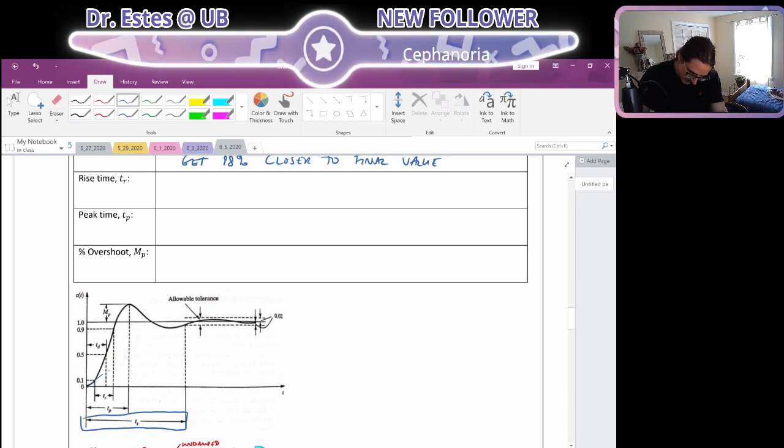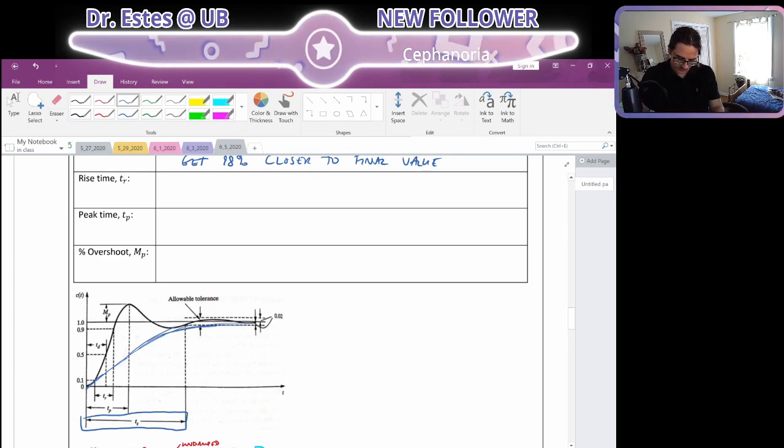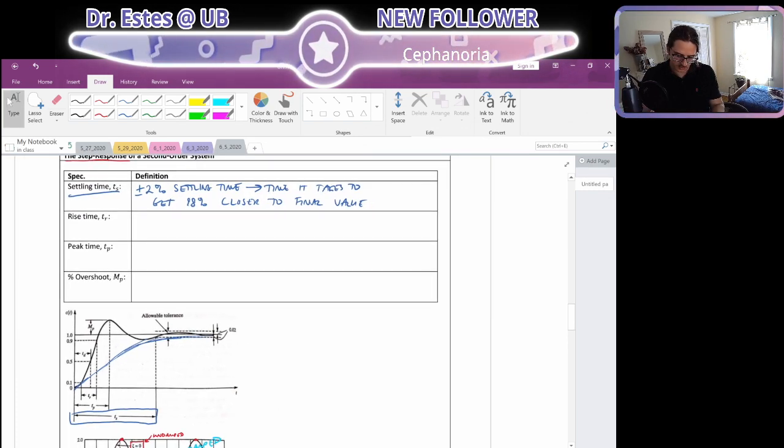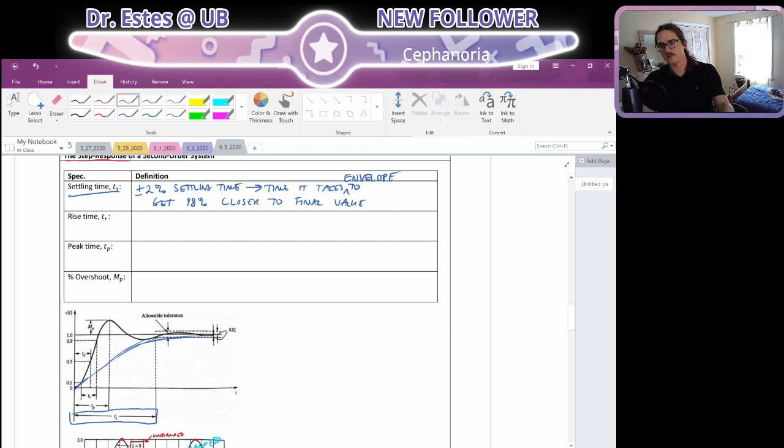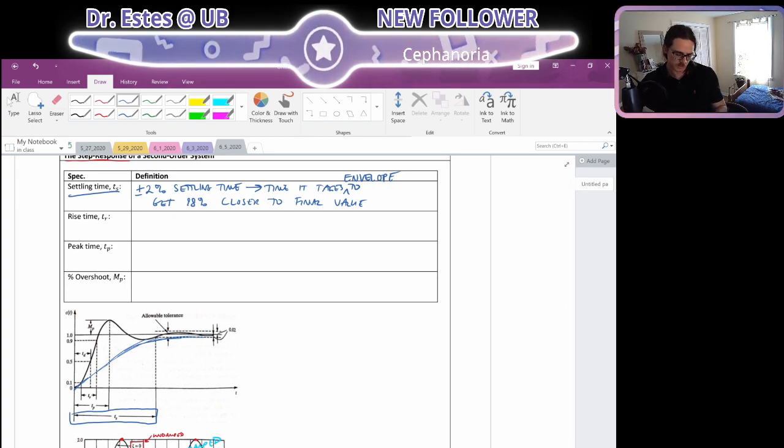It's the time it takes the envelope to reach that threshold. So maybe we should specify that. So the envelope function. Okay, so you guys already knew that one.